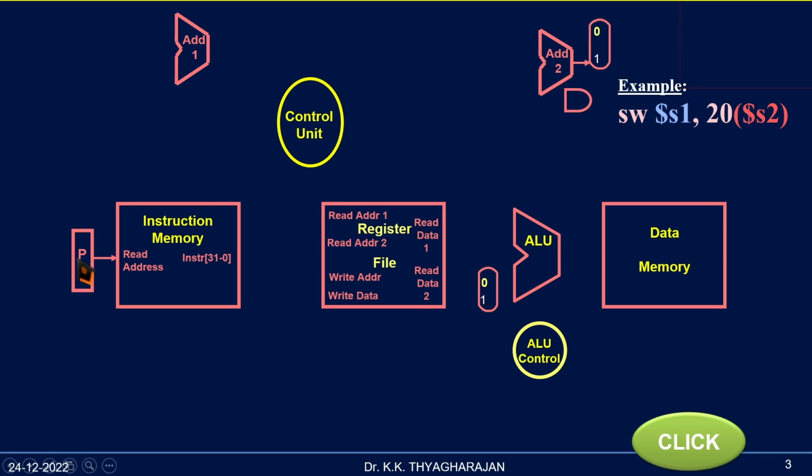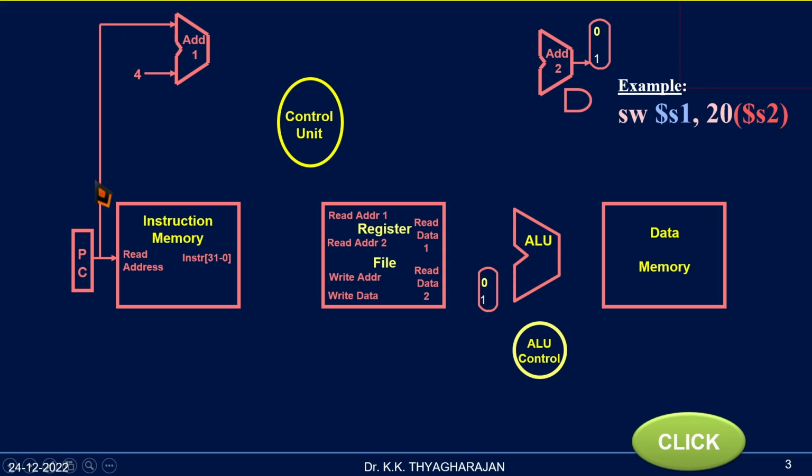During the first step, the program counter has the address of the instruction. This address is given to the instruction memory and the instruction at that address is read. The address of the next instruction is computed either by this adder or by this adder.